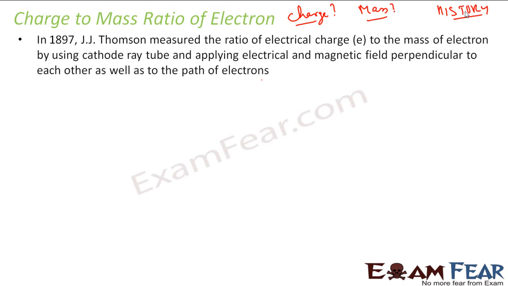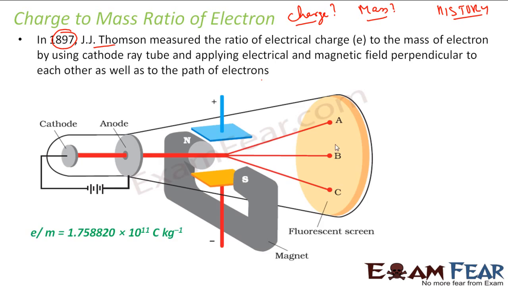So in that case, what we did was, this guy in 1897, till that time the charge of electron was not known. This guy Thomson found the charge to mass ratio. And how he found it was he used this cathode ray tube and applied once a magnetic field and once an electric field.